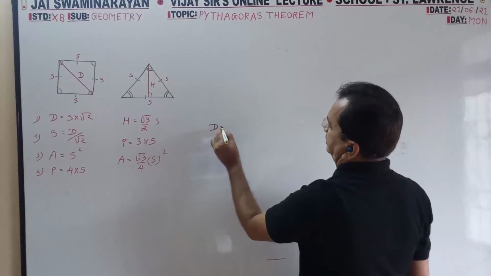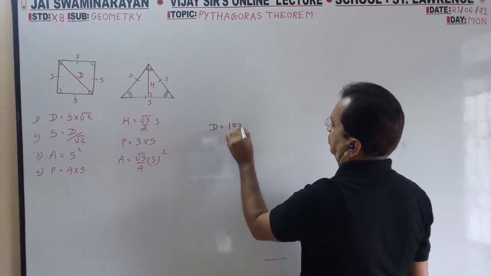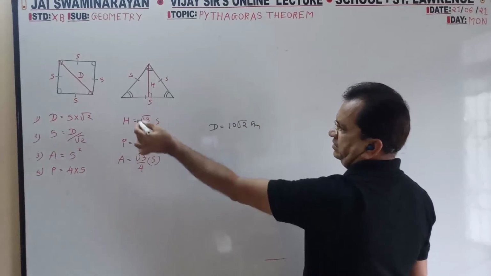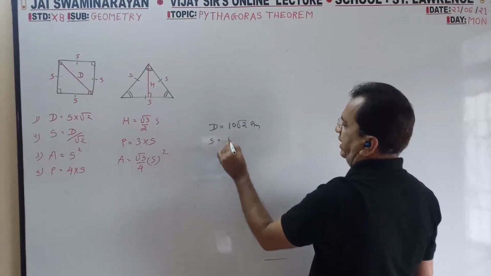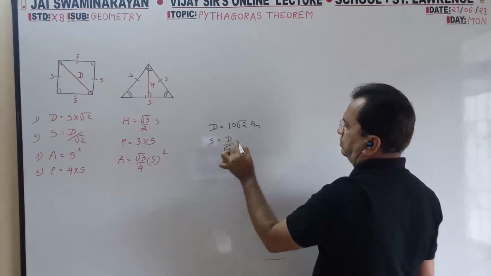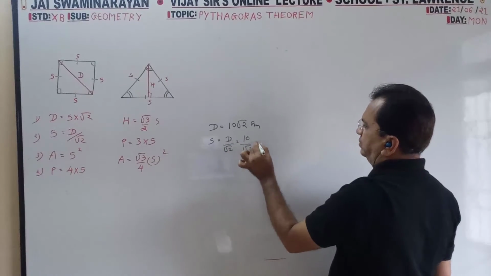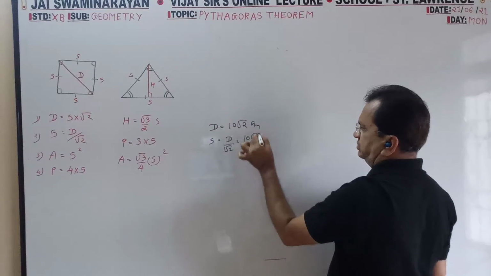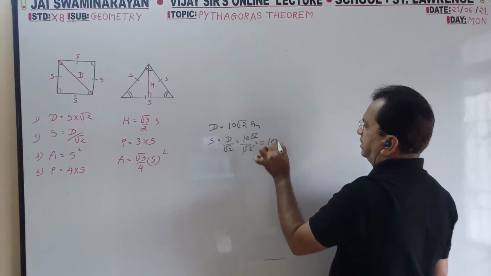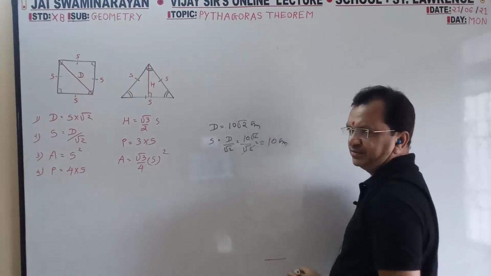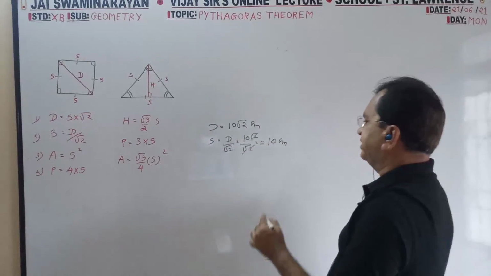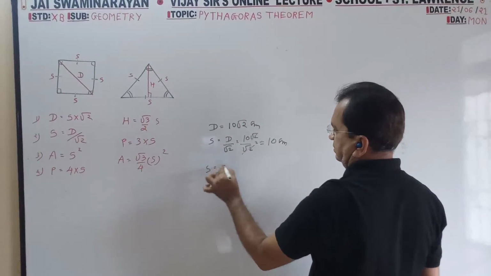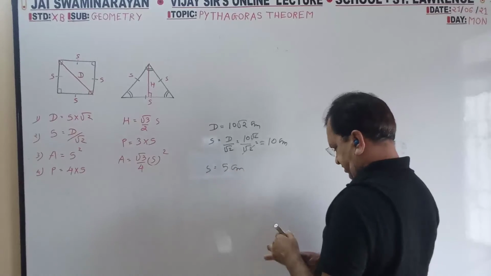Suppose diagonal is given as 10 root 2 centimeter. Find side. Side is equal to diagonal divided by root 2. 10 root 2 divided by root 2, so this cancels. 10. Now side is given 5 centimeter.